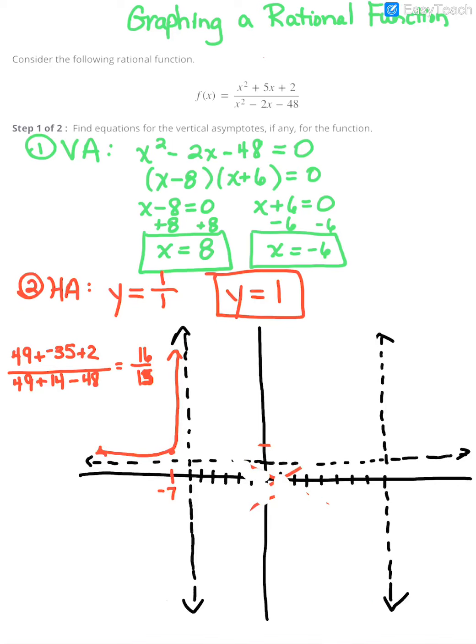So my asymptote's at -6. I'm going to go ahead and plug in -5. So -5 squared would be 25, plus 5 times -5 would be -25, plus 2. Okay, so that gives me a 2 on top.